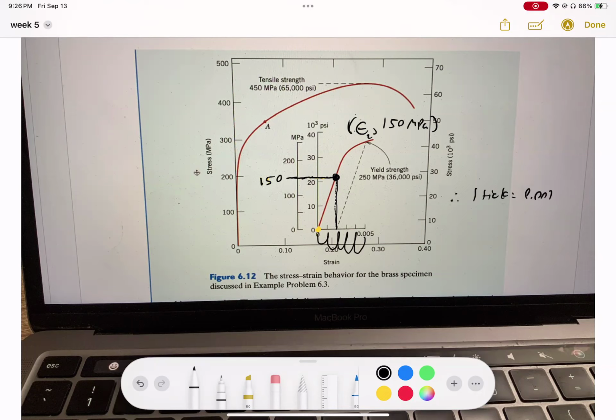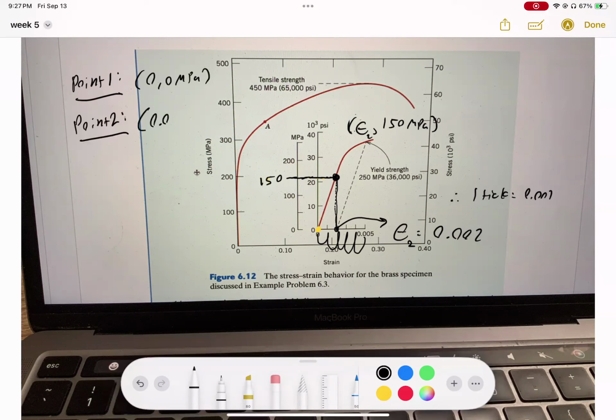So then this tick over here represents a strain of, let's just say 0.002, because it looks to be around there. Okay, so then strain 2 is 0.002. So now I have my 2 points. Point 1 will be 0, 0, convenient, and point 2 will be 0.002, 150 megapascals.